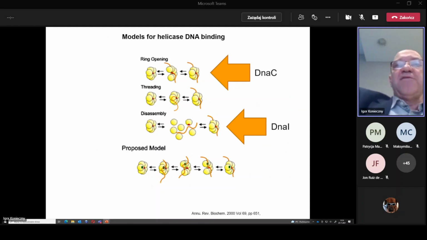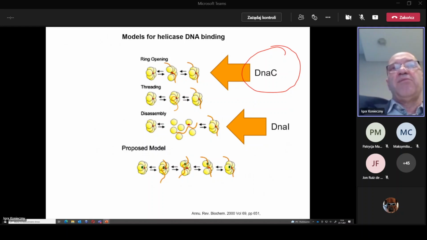And it is believed that the DnaC protein is actually important for this ring opening. However, DnaI, which we discussed, so this is just the homologue of DnaC, most likely is responsible for the reassembling of the helicase, the de novo assembling of helicase quaternary structures, so these multimeric structures on the DNA.